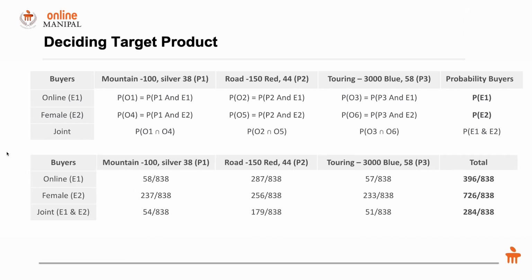For product 1, the Mountain 100 Silver bike, there were 58 online buyers divided by the total number of buyers, which is 838, giving the probability for outcome 1. Similarly, if we replace all the numbers, we'll get the probability for outcomes 2, 3, 4 and 5. For the joint probability, we are looking at the intersection of online female buyers purchasing product 1, which is 54 divided by 838. Similarly, we can calculate the probability for product 2 and product 3.